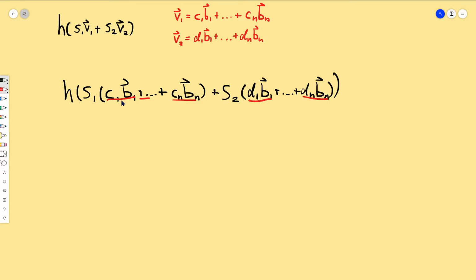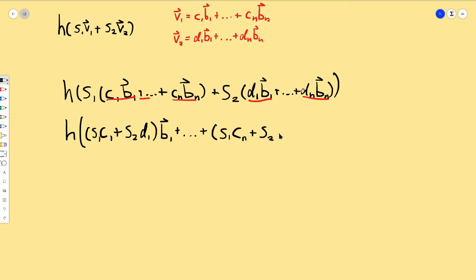So in particular, they have a certain constant multiplied by the first basis vector, the second basis vector, in general the ith basis vector in common between these. They have terms for each basis vector. So I can rewrite this as H applied to (S1 C1 + S2 D1) times B1, the first basis vector, plus all the way to (S1 Cn + S2 Dn) times Bn, the nth basis vector.